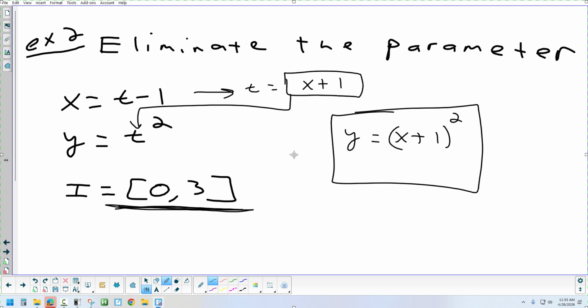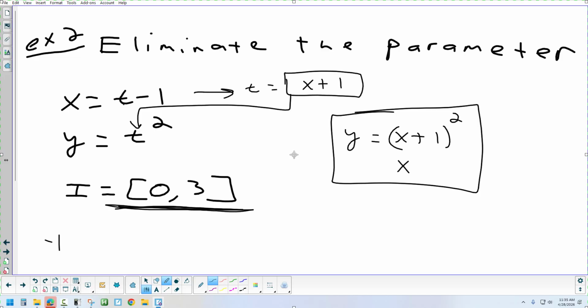And when I'm describing my restriction over here, I only care about x. I don't care about the y. If you plug in 0, what's 0 minus 1? Negative 1. Yep. So just put that off to the side. Now plug in 3.